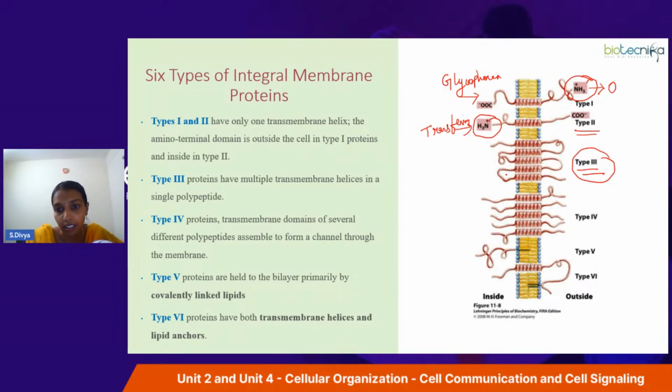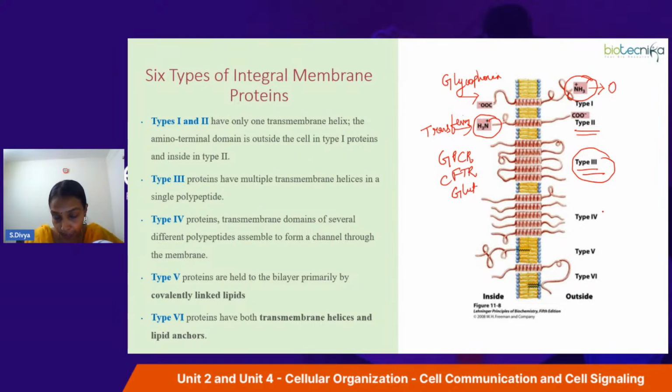Very good. It is your GPCR. That means GPCR means single polypeptide but is having different transmembrane helices. Exactly. You are having CFTR as well. Then you are having GLUT transporters. So that all comes under the category of type 3.